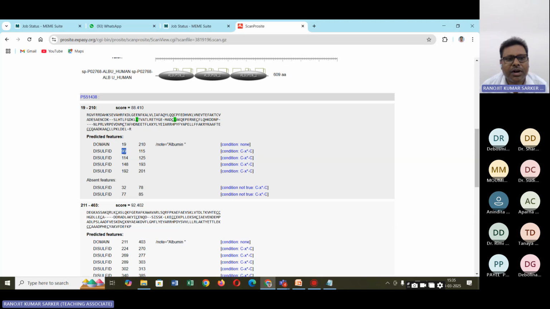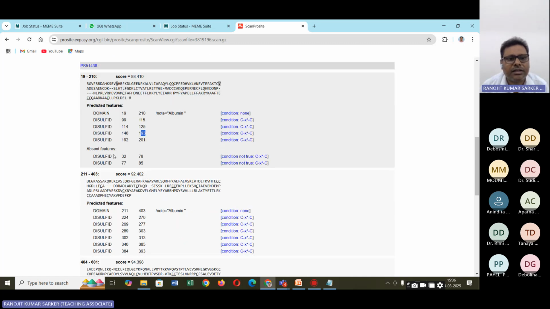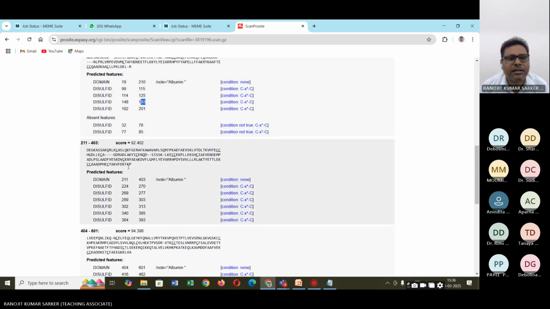Amino acids at position 99 and position 115 will form a disulfide bond. At 114 and 125, there will be another disulfide bond. Now at 148 and 193, there will be another disulfide bond. You can count these.